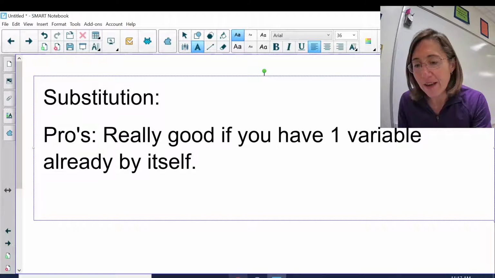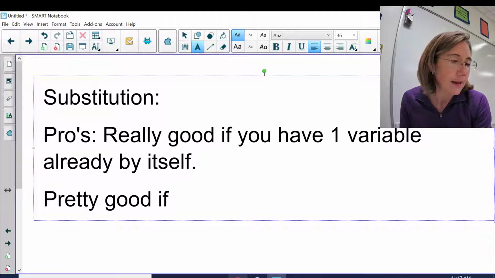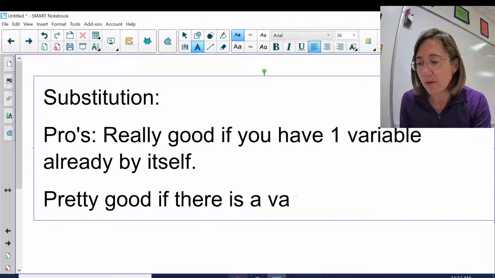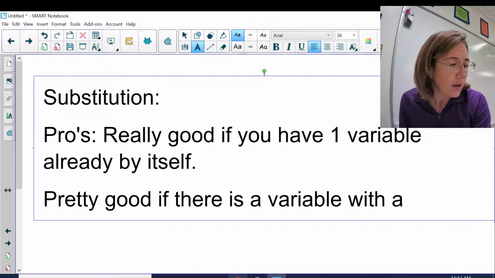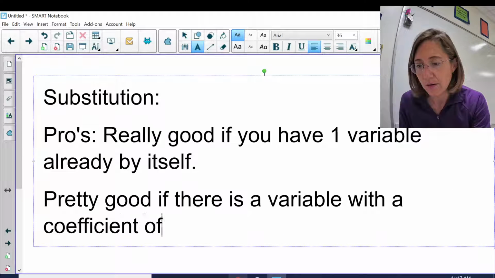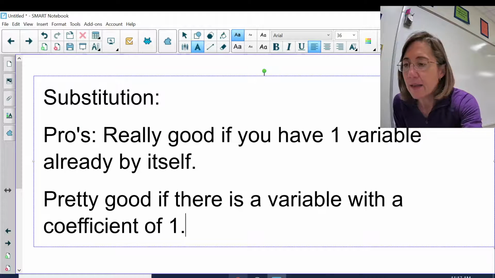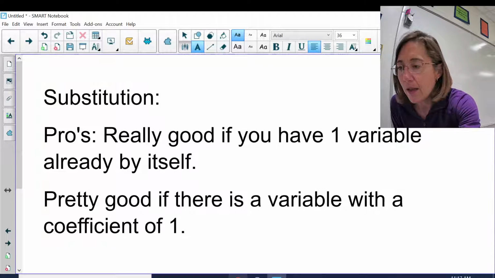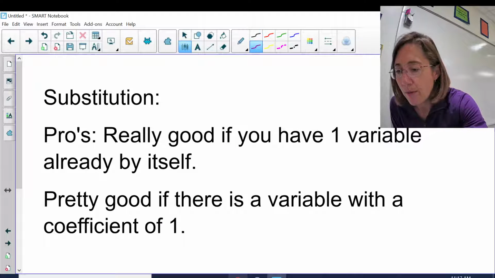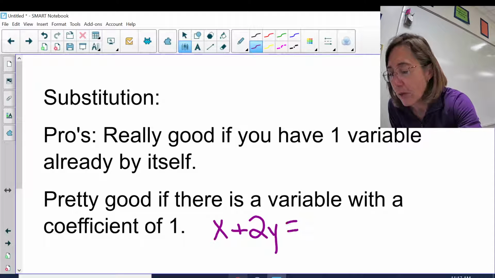It's pretty good if there is a variable with a coefficient of 1. So what I mean by that is if we had, let's say we had an equation where it said x plus 2y equals 5.